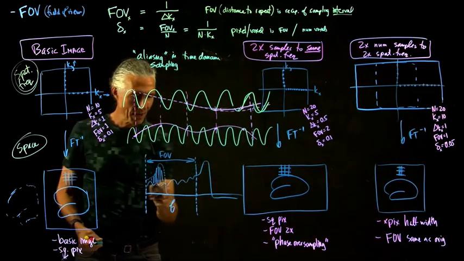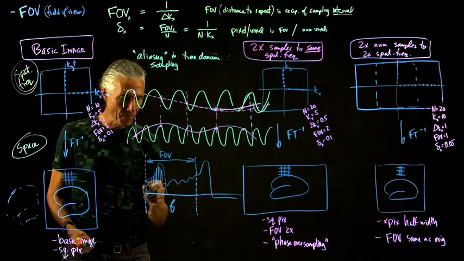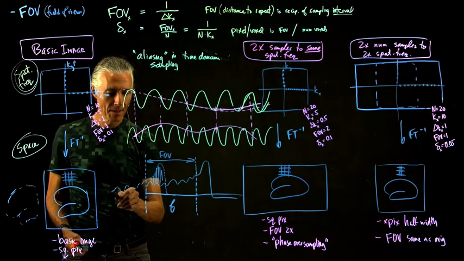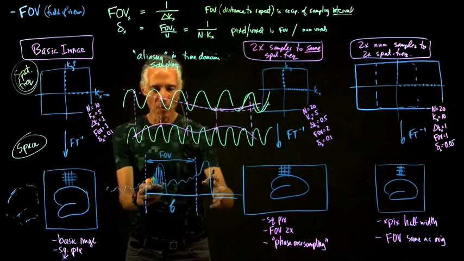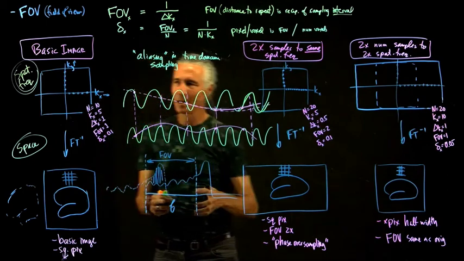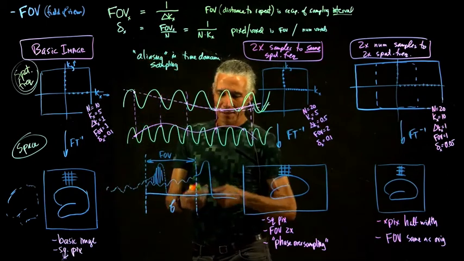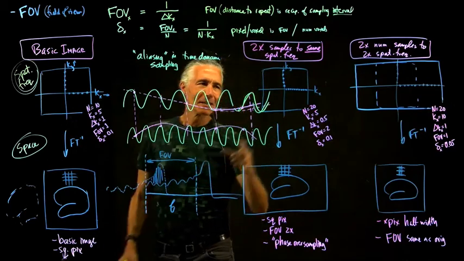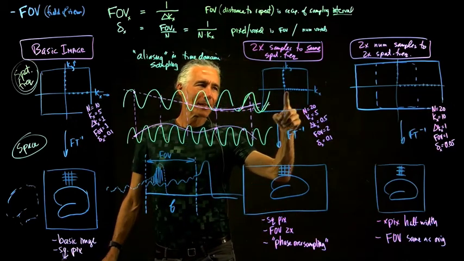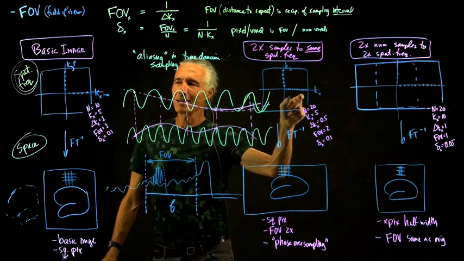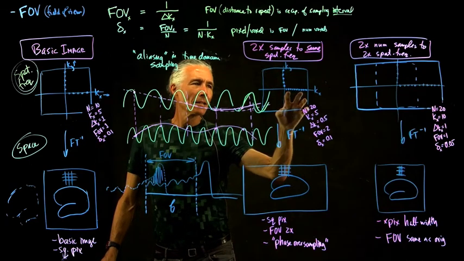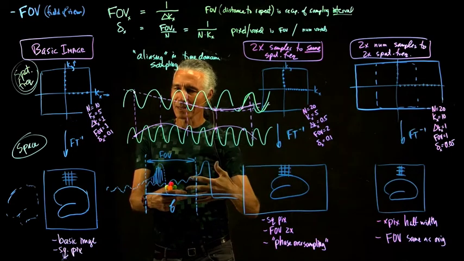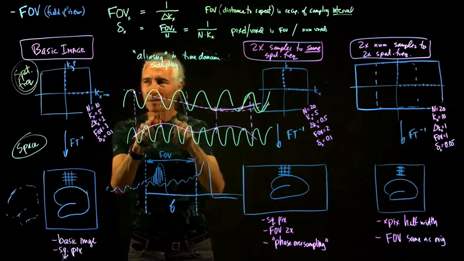So you can think of it as another copy of the spectrum over here like this. You can see here's one copy and here's another copy. So it's basically the same thing, bizarrely. If we don't sample fast enough in the spatial frequency domain, we get this aliasing, also known as replicas, coming in, very similar to the time domain.